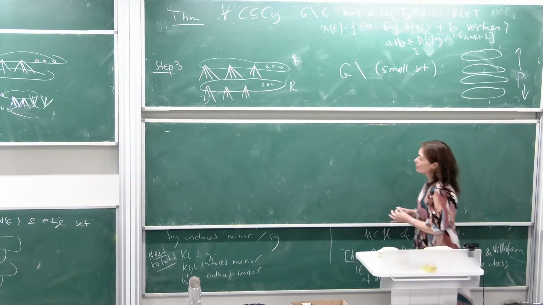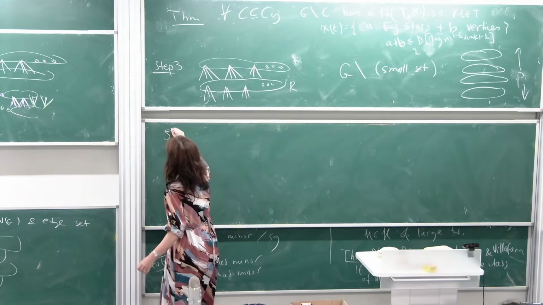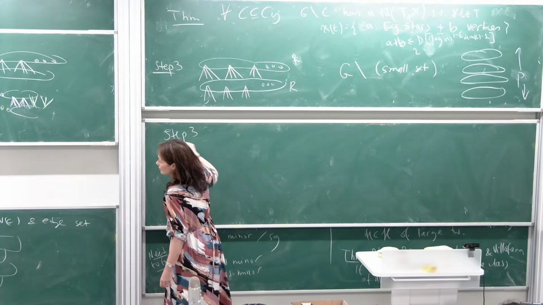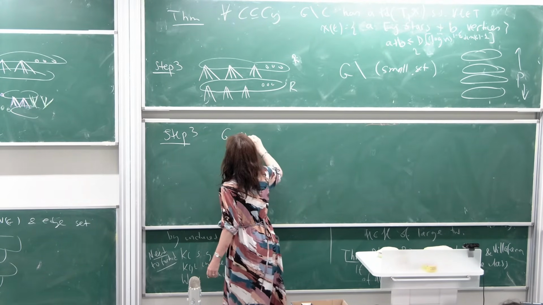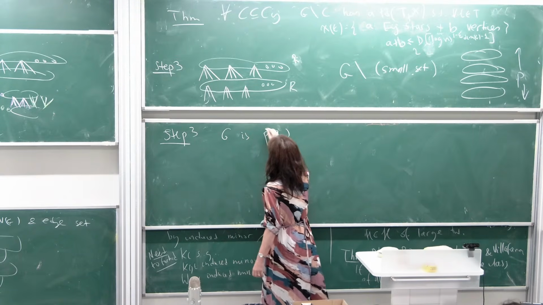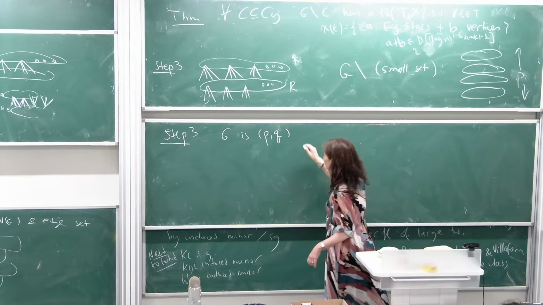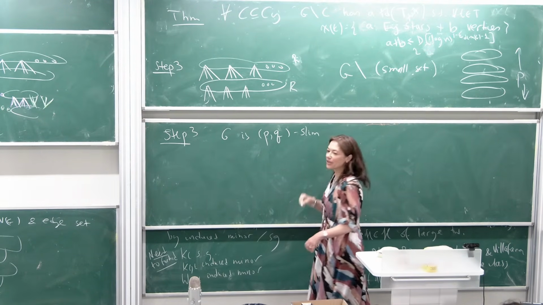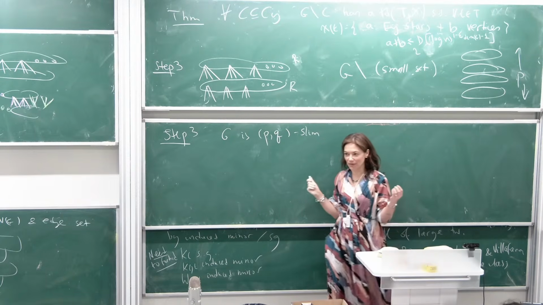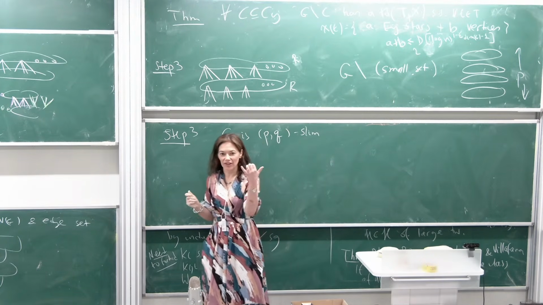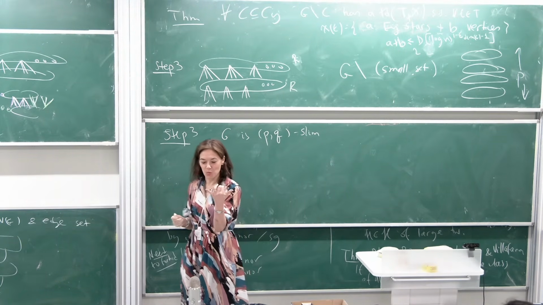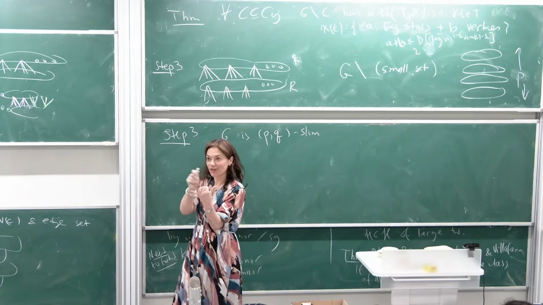Okay, so now step 3 is G is PQ-slim, and this P is that big. So then you tell me what PQ-slim is. PQ-slim means out of every P vertices, there's one pair that are not ends of a Q-wide theta.